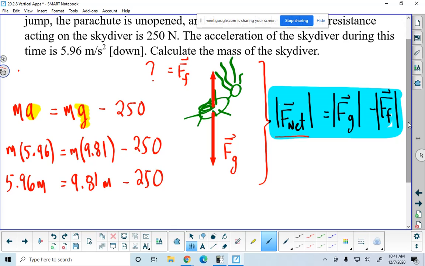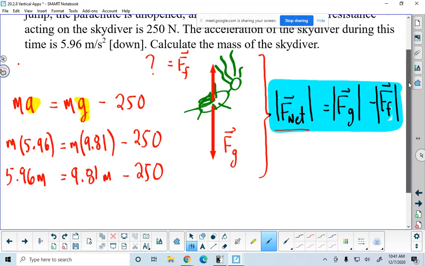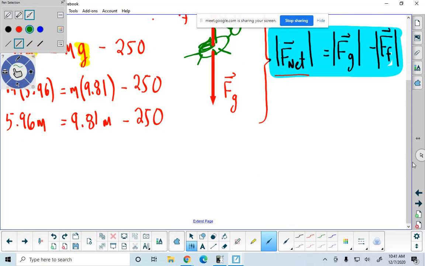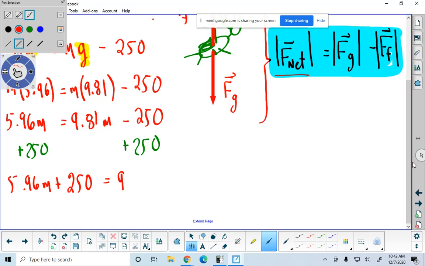m stands for mass here. So to solve this, I'm going to add 250 to both sides. If you know how to solve this, fine, you're done. I'm going to add 250 to both sides and end up with 5.96 m plus 250 equals 9.81 m.